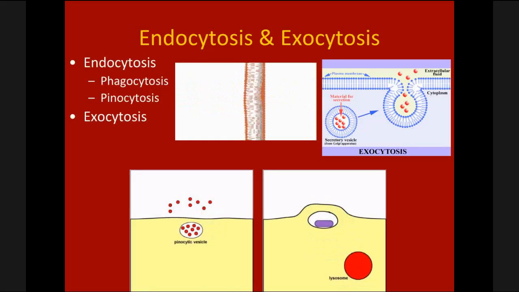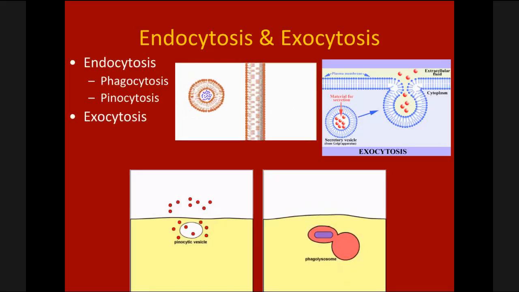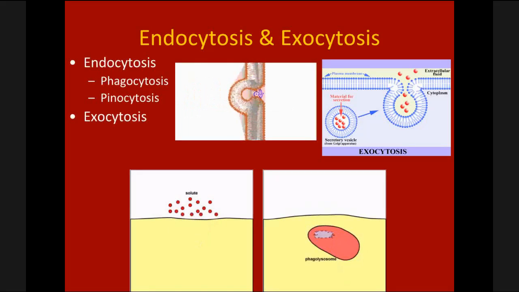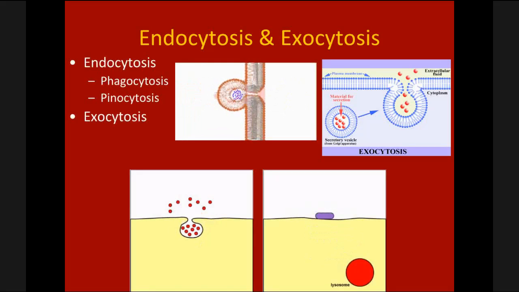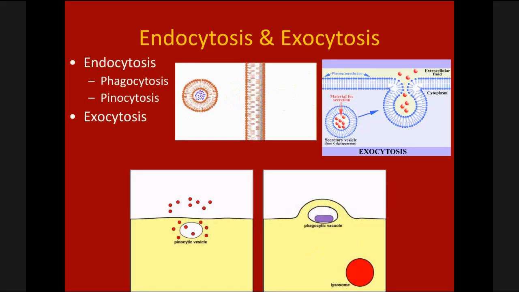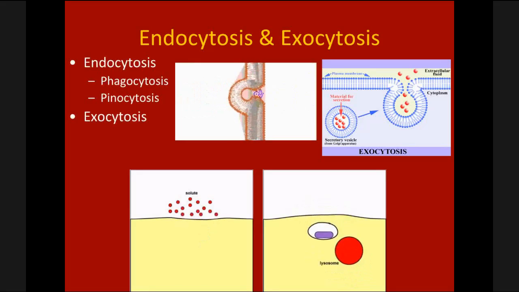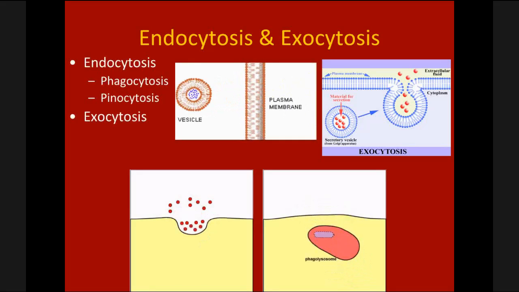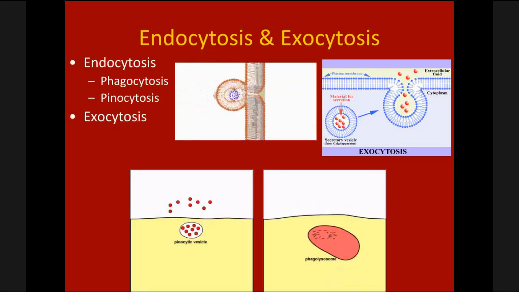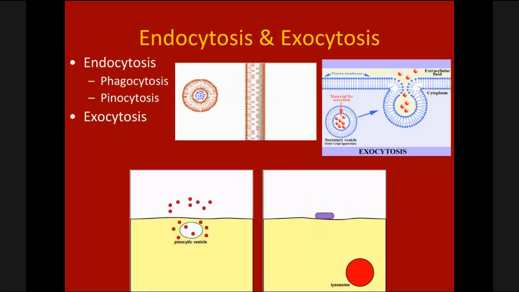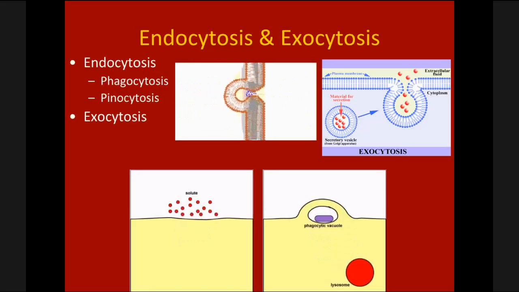So if I'm a salivary gland cell, I'm going to be exocytosing salivary amylase, the enzyme that I made for breaking down starches, right? Dumping it into the duct of the gland so that it can drain into my mouth. If I'm a pancreatic cell producing enzymes, I'm going to do the same thing. I'm going to be using exocytosis to dump my product into the duct and drain it into the digestive system in that case.